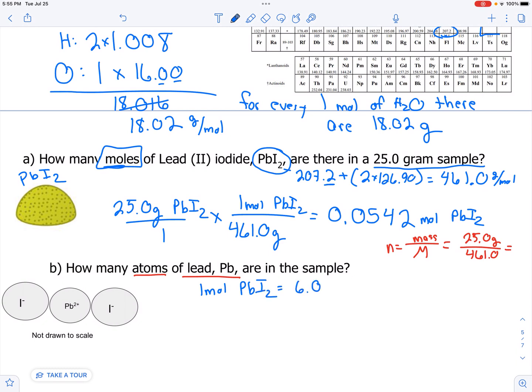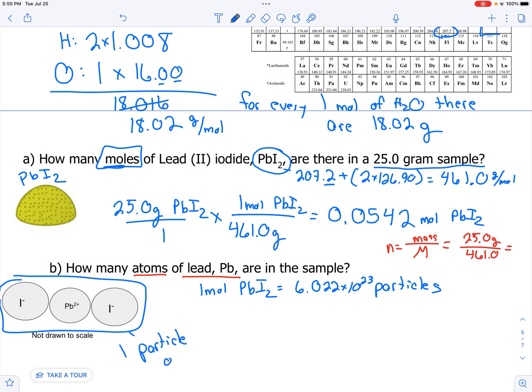That means I have 6.022 times 10 to the 23rd particles or molecules. I'm going to go with particles, since I'm probably going to use particles whenever we're talking about a compound. So here, this is one particle, what I've drawn here. It's not to scale, but this is one particle of PbI2. There's one Pb, there's two I's, they happen to be ions. So that's one particle, PbI2.